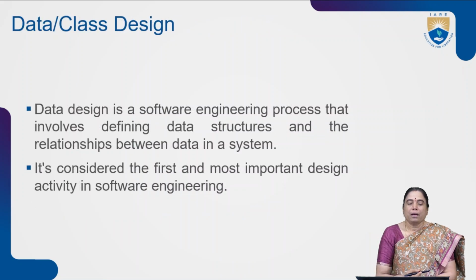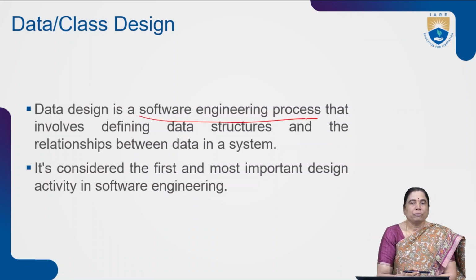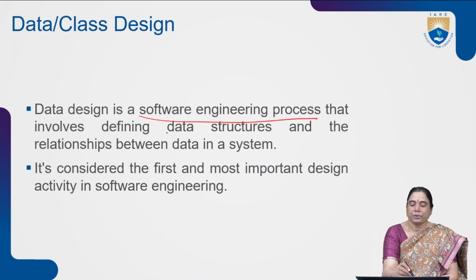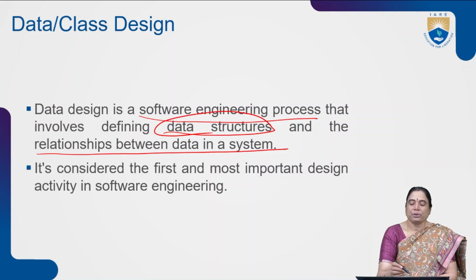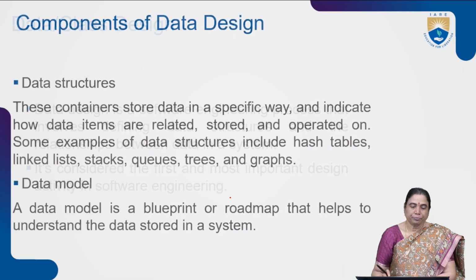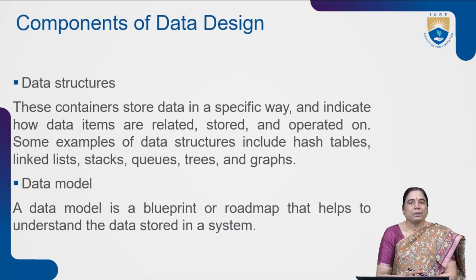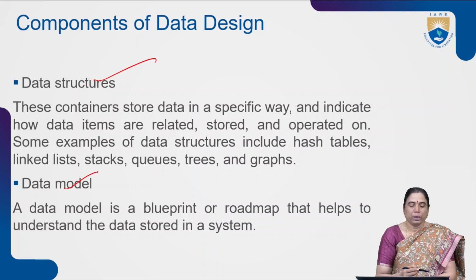What is the data or class design? Data design is the software engineering process that involves defining data structures and the relationships between data in a system. It is considered the first and foremost important design activity in software engineering. The components of data design are data structures and the data model.